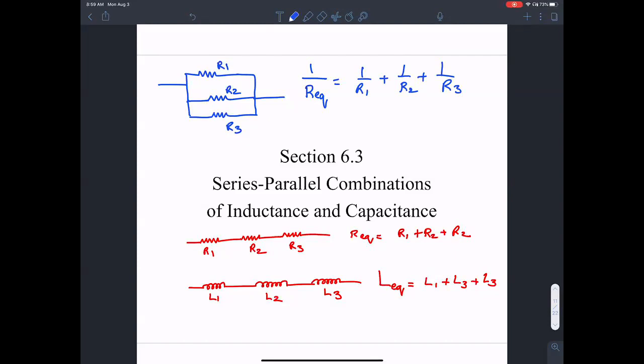The sum of the reciprocals of individual resistances.